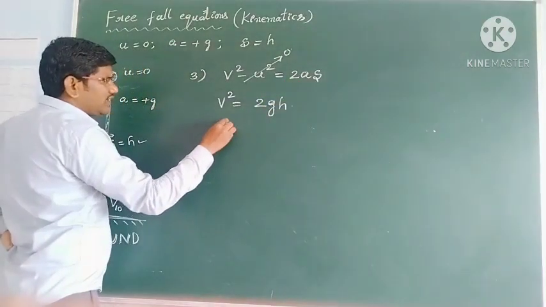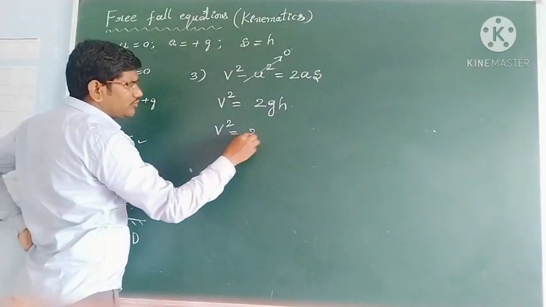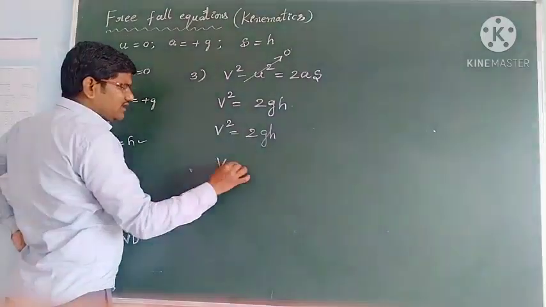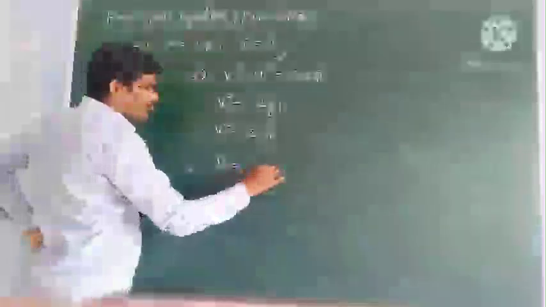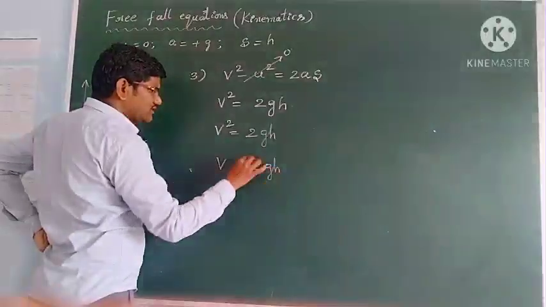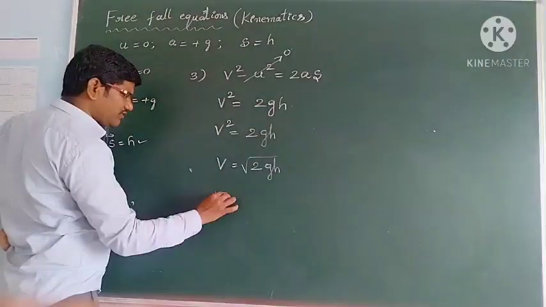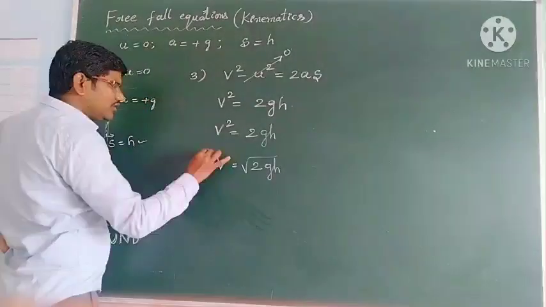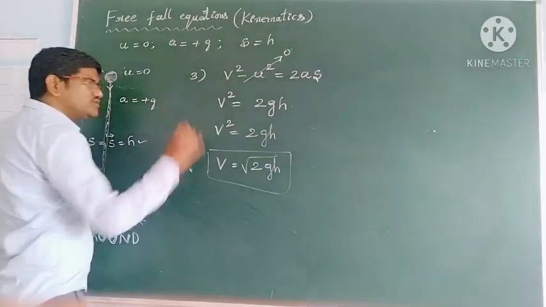So v square is equal to 2gh, then v is equal to root 2gh. Okay students, that is the velocity on reaching the ground, v is equal to root 2gh.